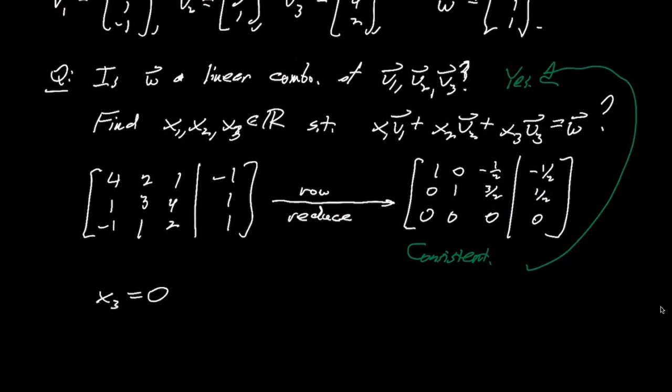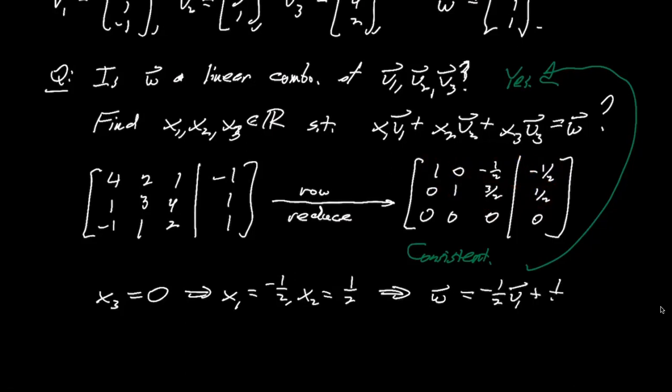And if we do that, then x1 is -1/2 and x2 is 1/2, right? Basically, these become irrelevant when x3 is set to 0, and then you just get x1 equals -1/2 and x2 equals 1/2. And so that therefore means that W is -1/2 V1 plus 1/2 V2.